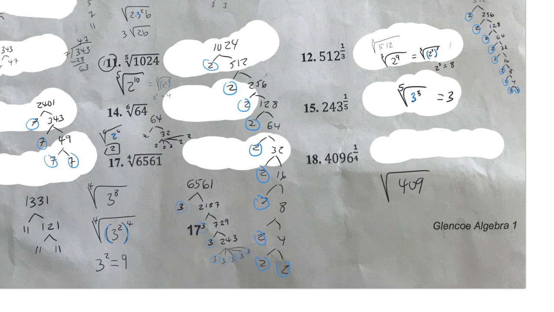So we are actually stuck with the 4th root of 409 because that has no factors other than 1 and 409, which means that 409 is itself prime, and therefore we cannot break that down any further, and therefore we are stuck with this.